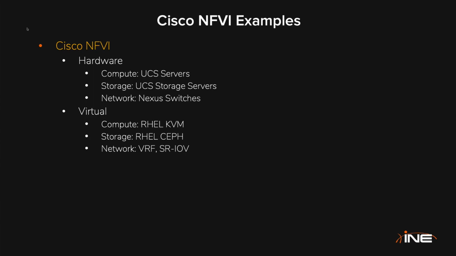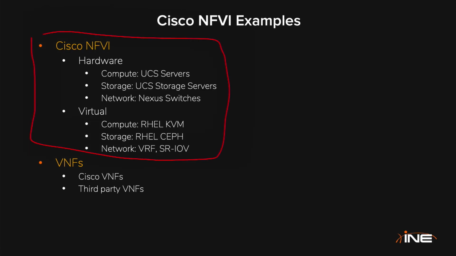For VNFs, we can obviously deploy Cisco VNFs, or it even supports third-party VNFs. So I could deploy Cisco VNFs, or even non-Cisco VNFs on Cisco's hardware, which is your NFVI component.